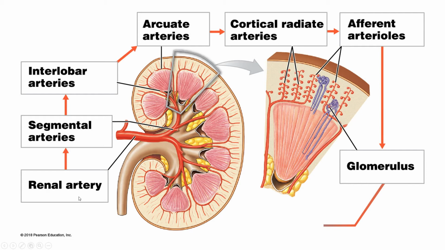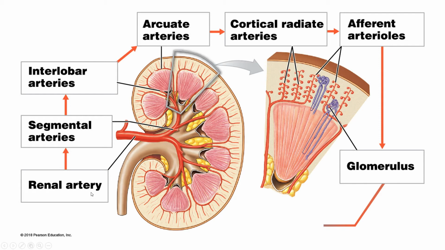So you're going to get 1/4 of it, which is about 1.2 liters of blood per minute. And so from the renal arteries, it's going to branch into smaller vessels through the renal sinus and on its way to the renal columns and then to the renal cortex.